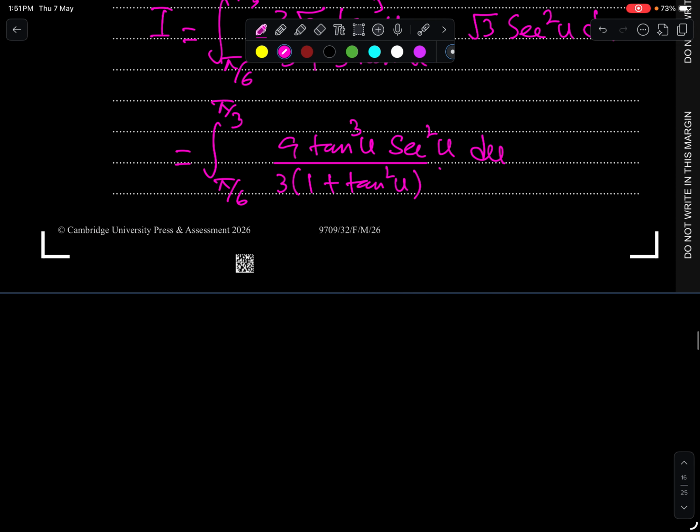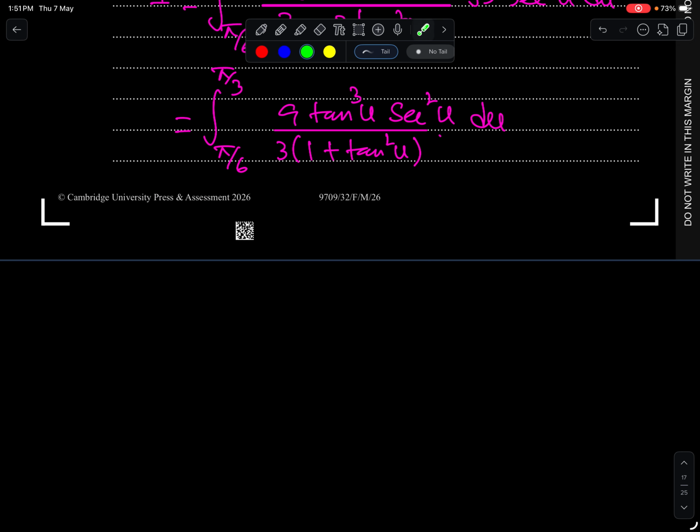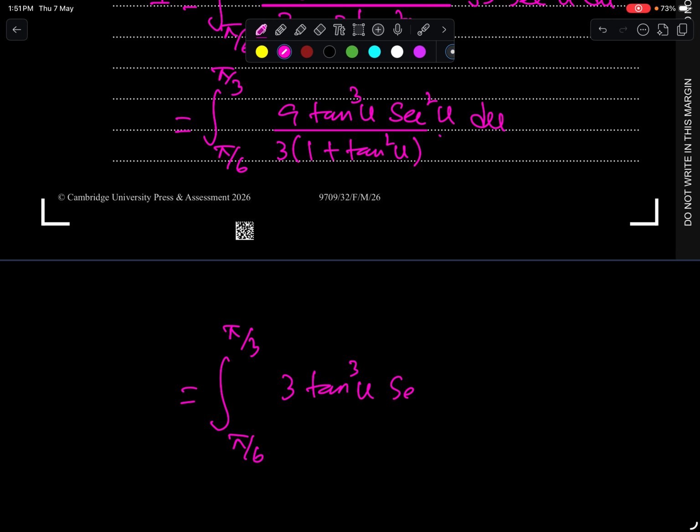Alright, so cancel these two 3s. You know, this is sec square u, the identity. So sec square u cancelled. I'm showing the working. I'm not doing this directly. Pi by 6, pi by 3, 3 tan cube u sec square u du.